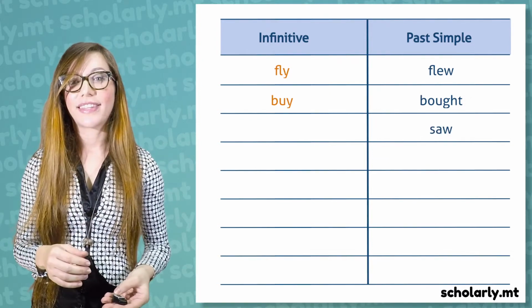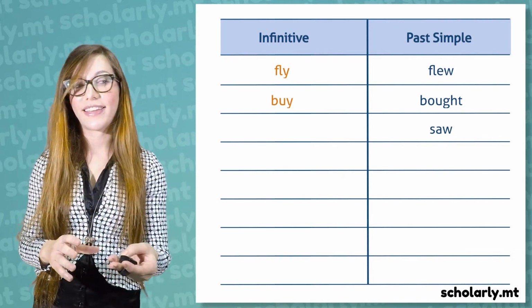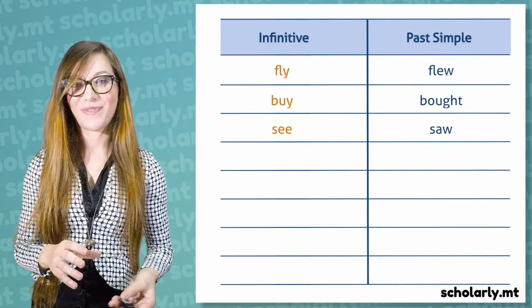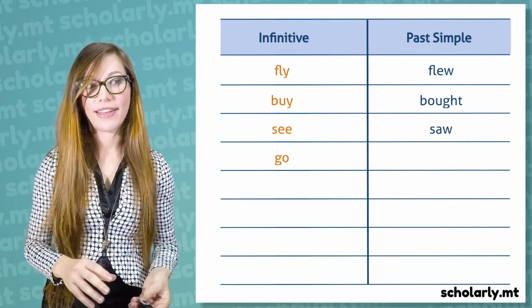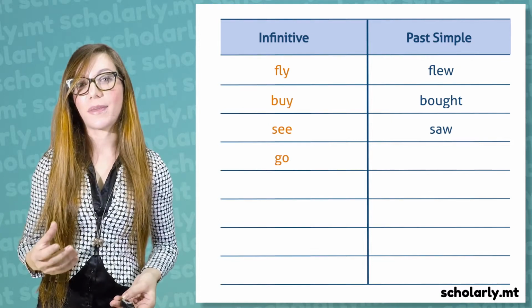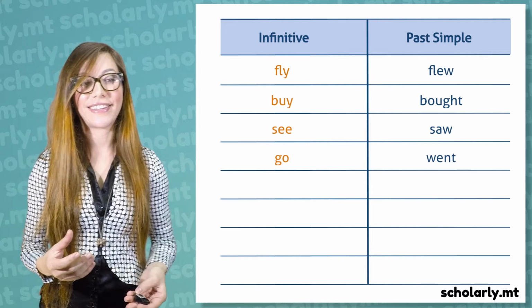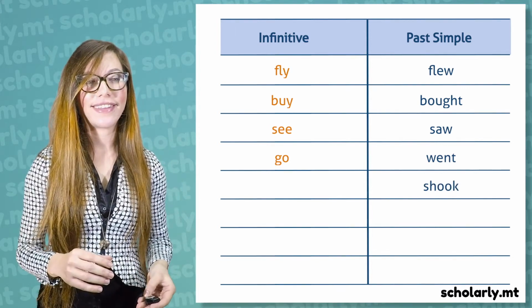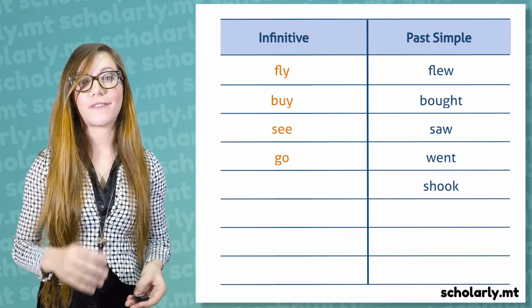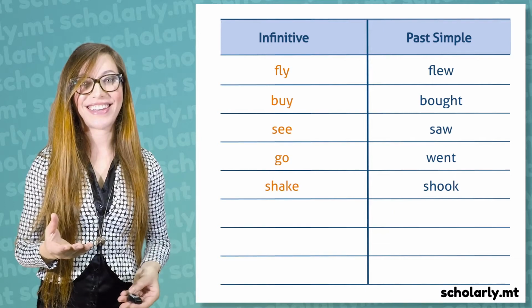Saw. The verb in the infinitive would be see. Go. The verb in the past simple would be went. Shook. The infinitive form of the verb would be shake.